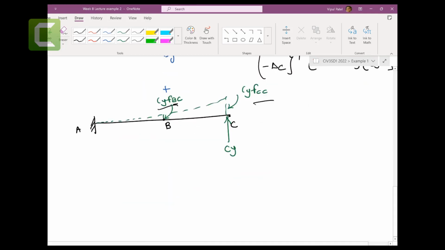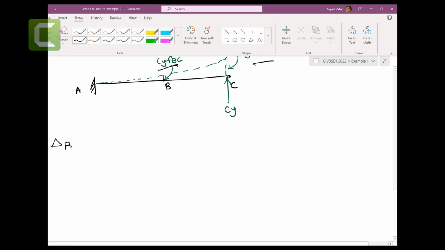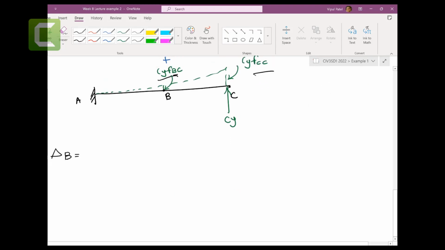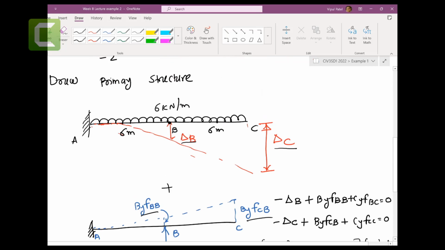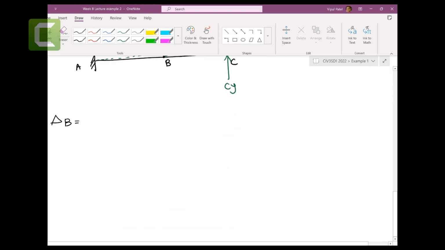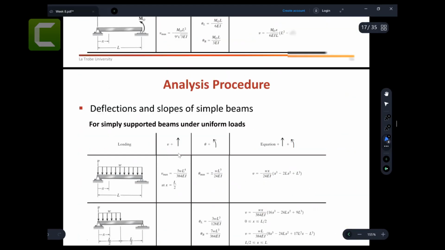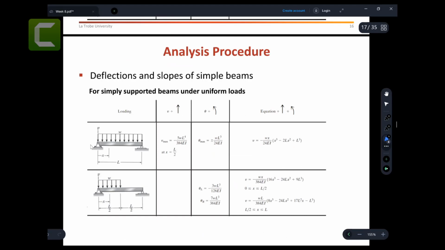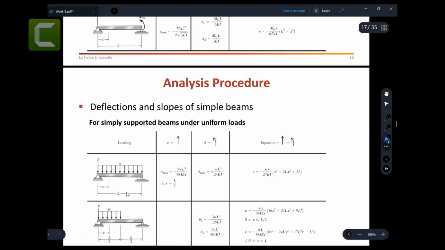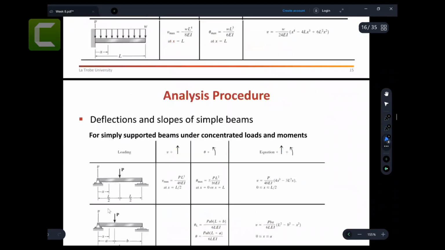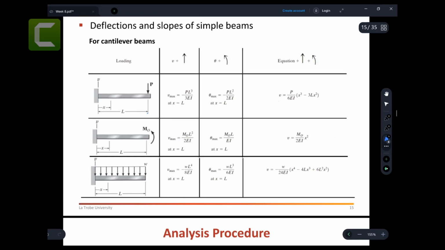Let's start working, because we need to find the deflection delta B first over here. Deflection delta B over here. For that deflection delta B, we have equations that we can use. I think this is not it, we need a cantilever. Oh, here you go, cantilever one.